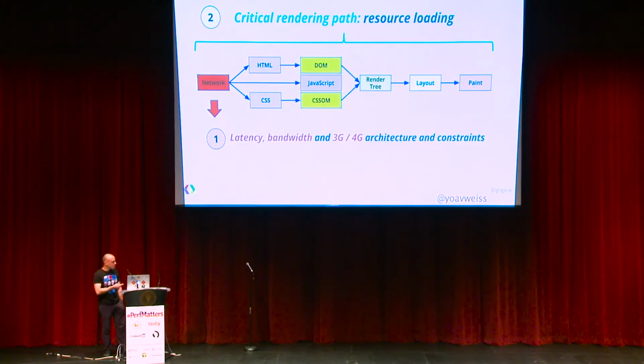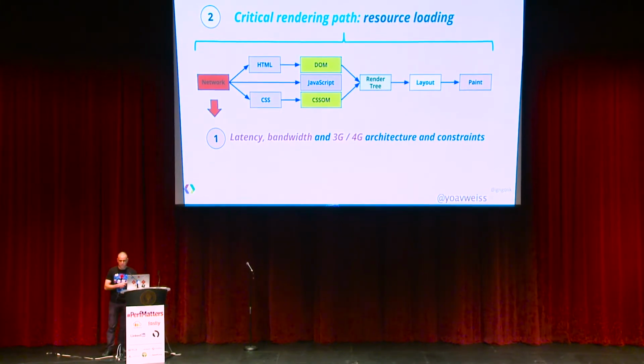The critical rendering path means that the browser needs to download the HTML in order to create the DOM, the document object model. Blocking scripts block that DOM from being created because HTML parsing is blocked on them. And CSS is required in order for the browser to create the CSS object model, which together with the DOM is used to create the render tree, which is required for page layout and eventually paint to happen.